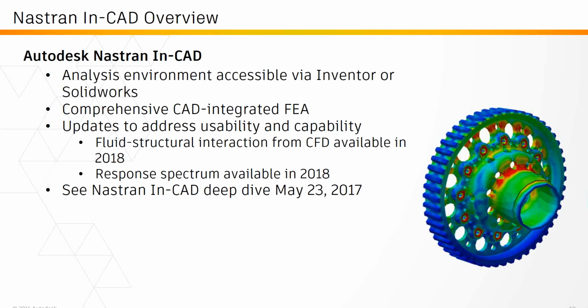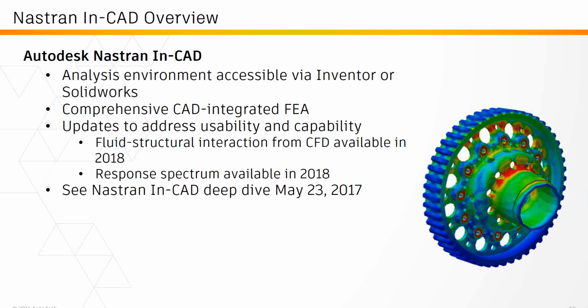A couple of examples of that. We have fluid structural interaction from Autodesk CFD, available in the latest version, 2018. We've also incorporated the response spectrum, or shock response, into the 2018 version of Nastran in CAD.